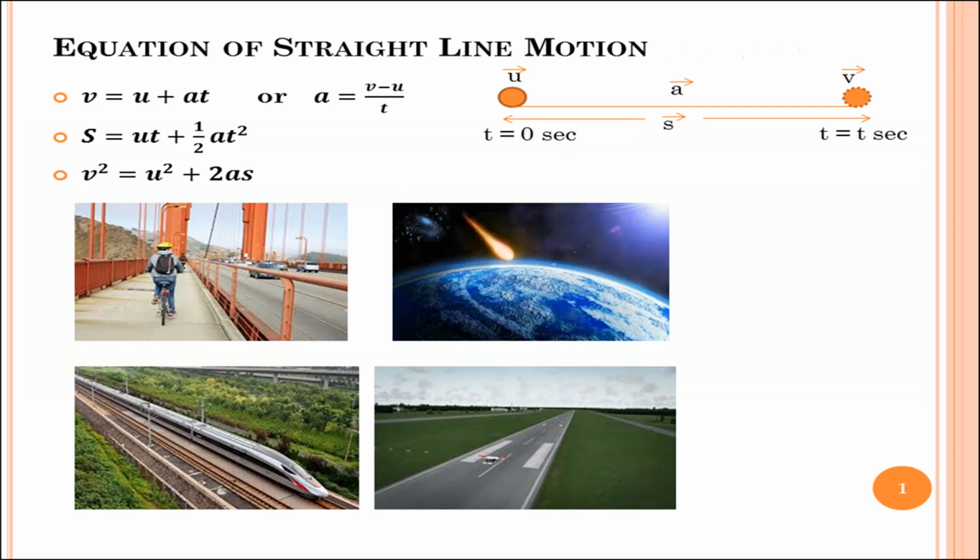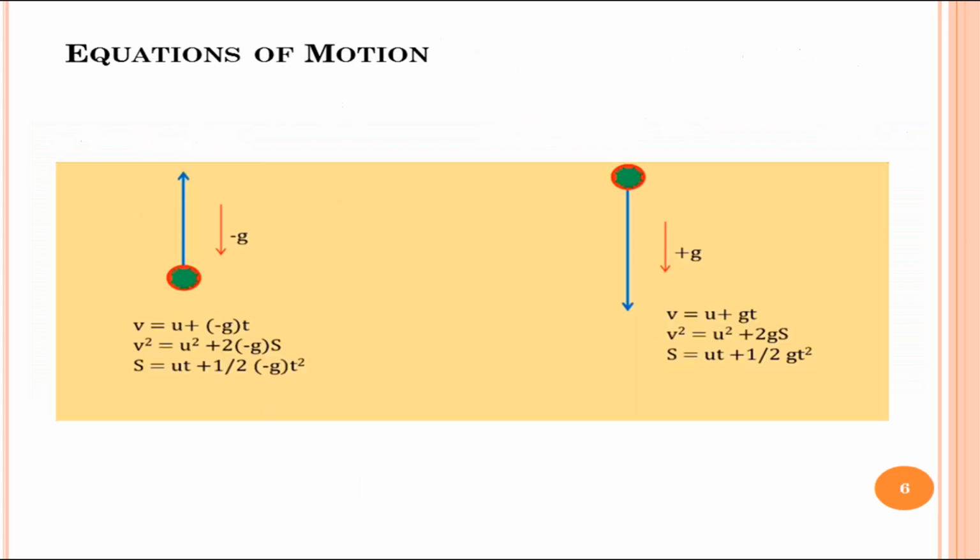Now let us see how the equations of motion change for a body moving under the influence of gravity. For any body thrown upwards, as I discussed, the value of g should be taken as negative. Therefore, in all the equations of motion, replace a by minus g. Here one thing you have to note down: don't change the sign in the formula. Only for the value that you are substituting, you can assign the sign to be positive or negative.